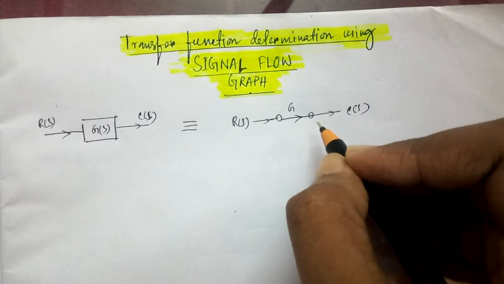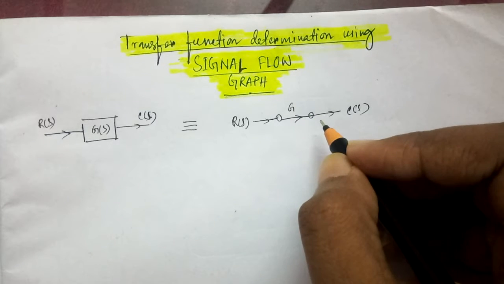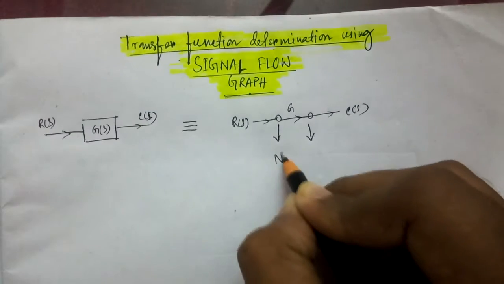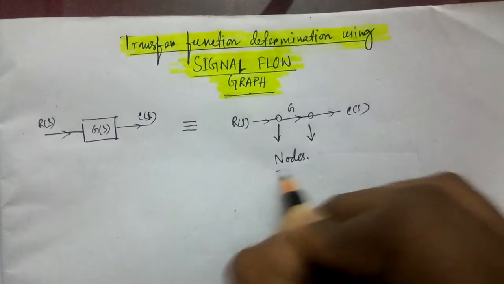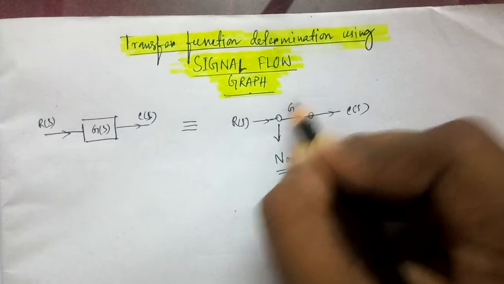We can represent it with only G here for the sake of simplicity, and here we used two nodes, and in between that I declared the gain value.